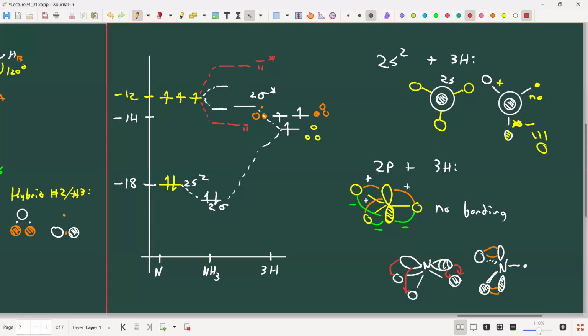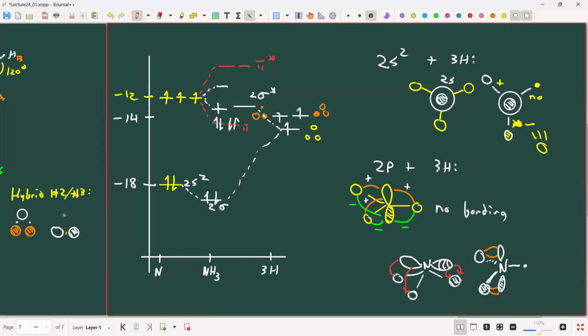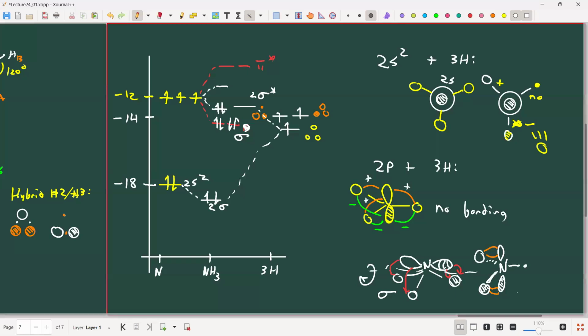Okay, and then we just have to fill up electrons. So they fill up like that. So what do we have? We have 3 sigma bonds. Sorry, these are sigma. I apologize. These are sigma because they're aligned with this. If I draw the axis like this and I rotate around here, it's the same. So these are sigma.